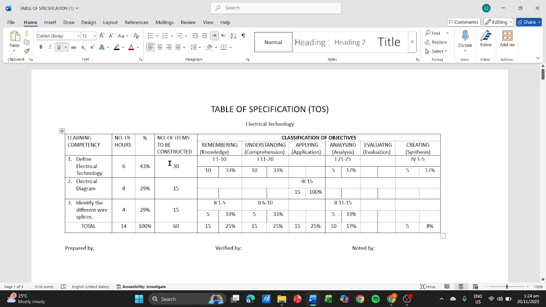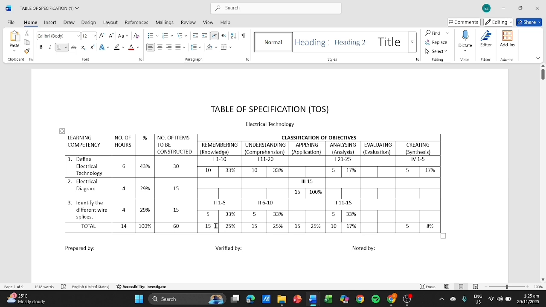So 10 divided by 30, we have 0.33, and multiply it by 100. So we come up with 33%. So that is how you're going to divide to get the percentage of the particular classification of objectives, and you're going to do that in all the classifications of objectives. See, it's all the same.